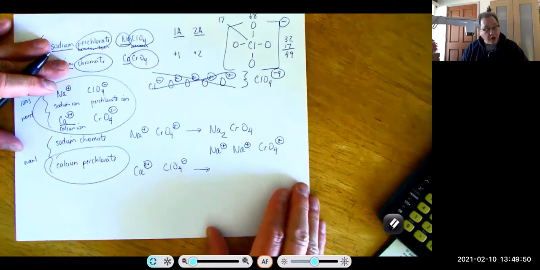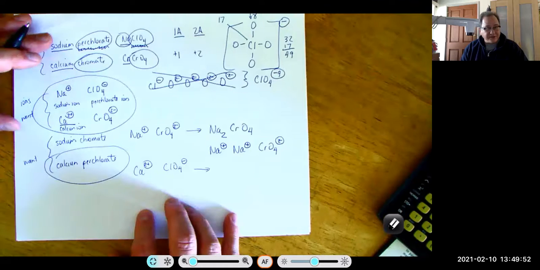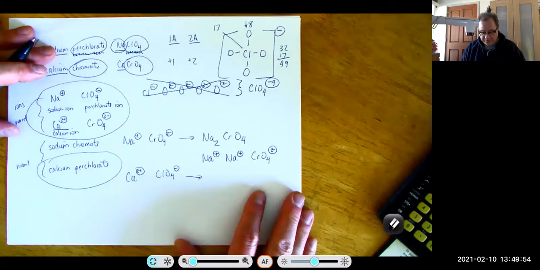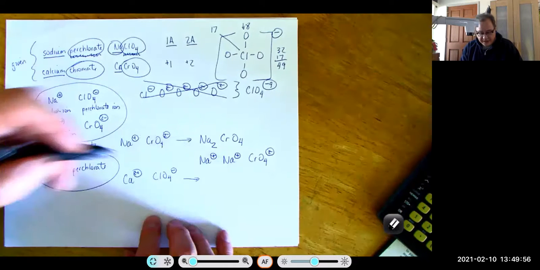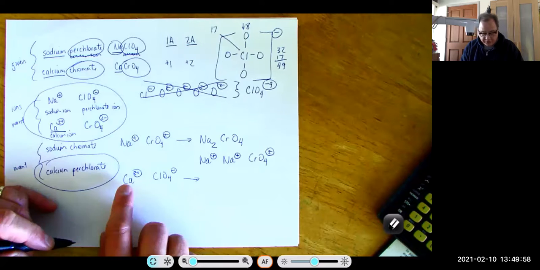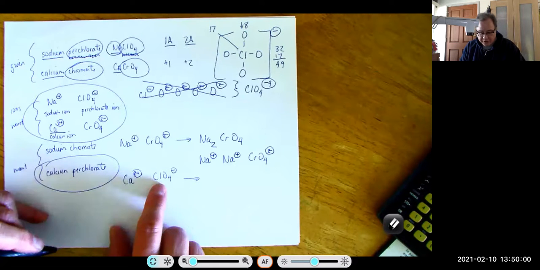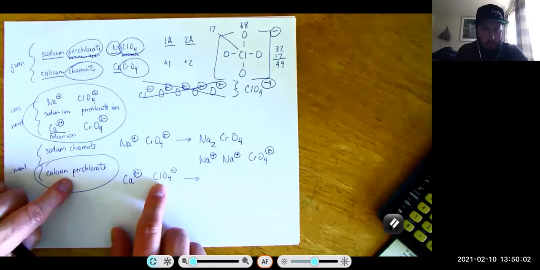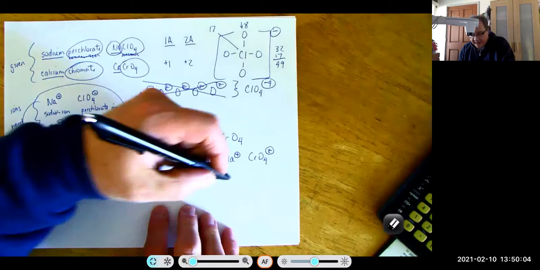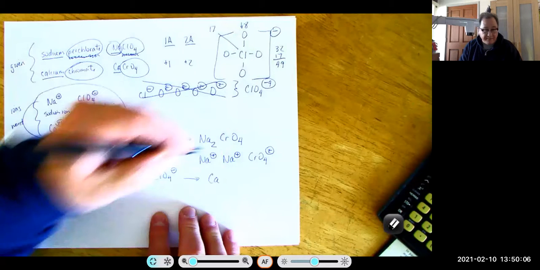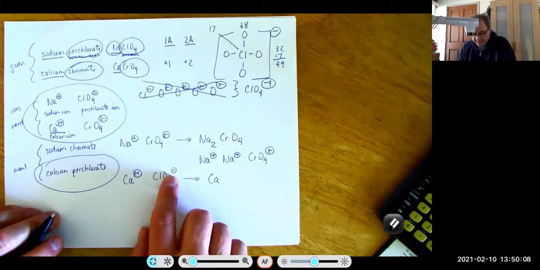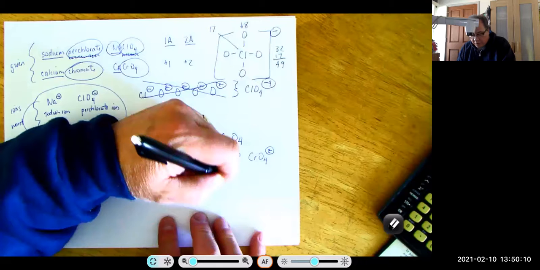CaClO6. No, I see what you did there, but let me show you. So do you see how we have this with a +2 charge and this with a -1 charge? Yeah. So we're going to say Ca, only one of them, and then ClO4.